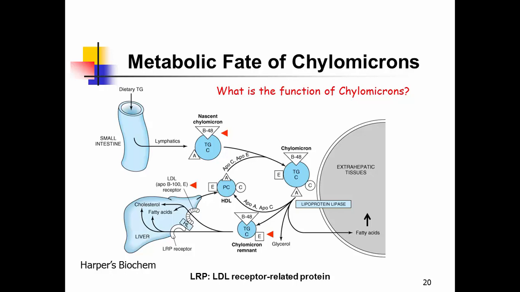So once it has ApoC2, it helps lipoprotein lipase, LPL, hydrolyze triglyceride and release fatty acids and glycerol. Fatty acids are small enough to be taken up by peripheral tissue, particularly the adipose tissue. Adipose tissue can take up fatty acids, re-esterify them to triglyceride, and store them in the fat tissue.